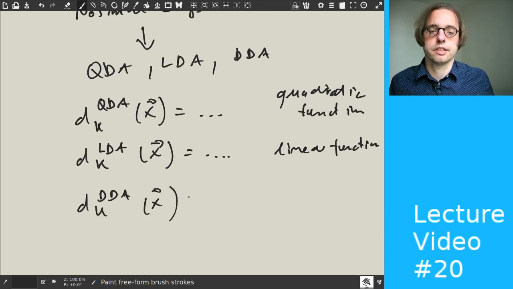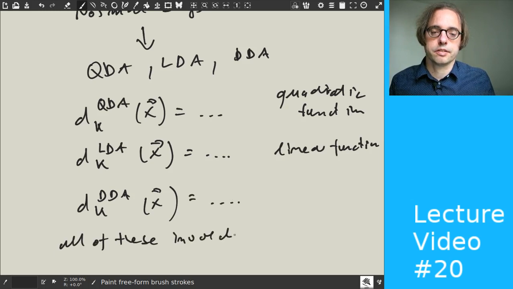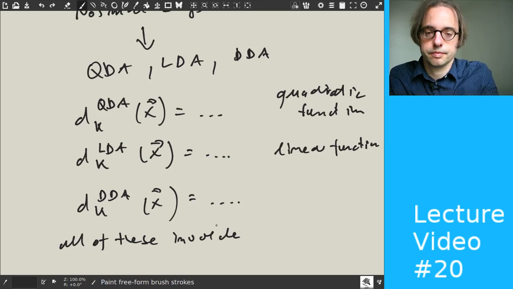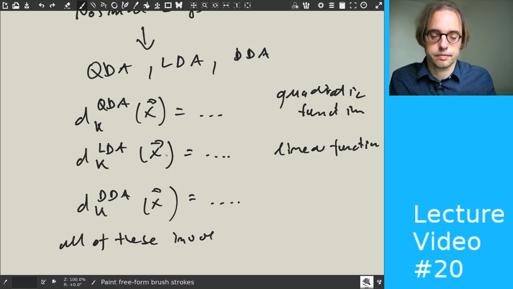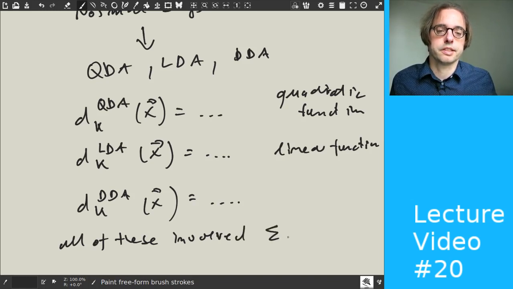All of these involved estimates of sigma, or sigma k for QDA, mu k, and pi.